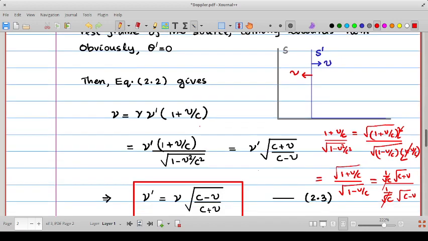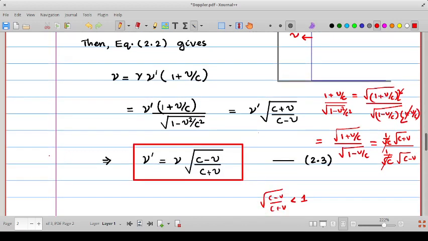So we will have, in this case, nu dash equal to nu times square root of c plus v by c minus v, which is obtained from this equation by changing v to minus v, because now the observer is moving in the opposite direction to the case we considered here.